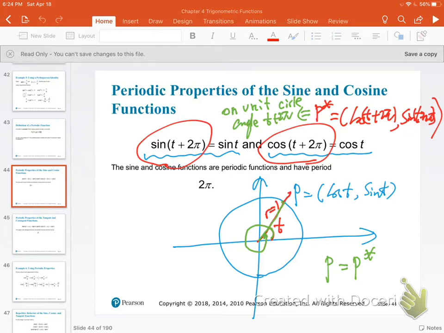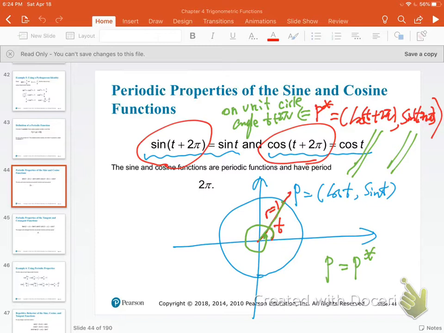They are both on the unit circle, one with angle t, the other with angle t plus 2 pi. That's why we got cosine t is equal to cosine of t plus 2 pi, and sine t is equal to sine of t plus 2 pi.